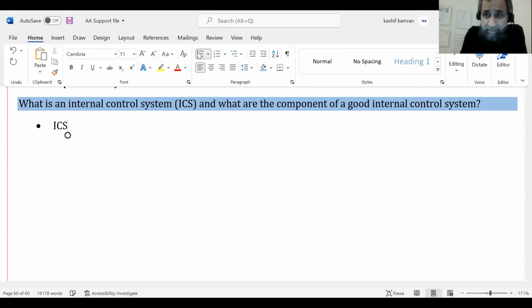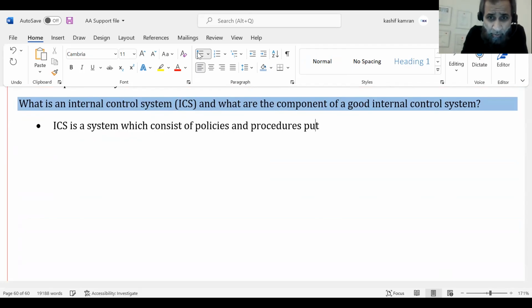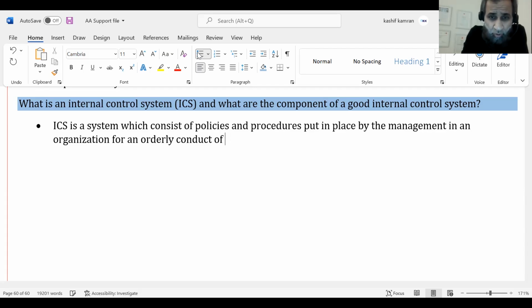So internal control system is a system which consists of policies and procedures put in place by the management in an organization for an orderly conduct of business. You want an orderly conduct of business, right? Because if there are no policies and procedures, you will have a very disorganized looking company.